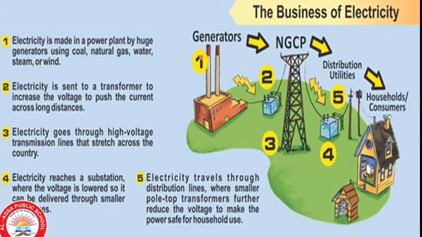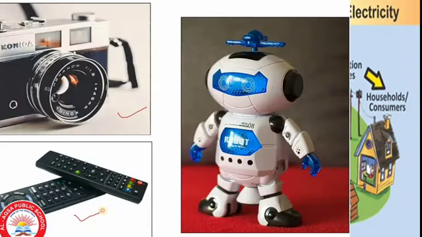Then electricity goes through high voltage transmission lines. After electricity reaches a substation, it travels through distribution lines, where smaller pole-top transformers further reduce the voltage to make the power safe for household uses.